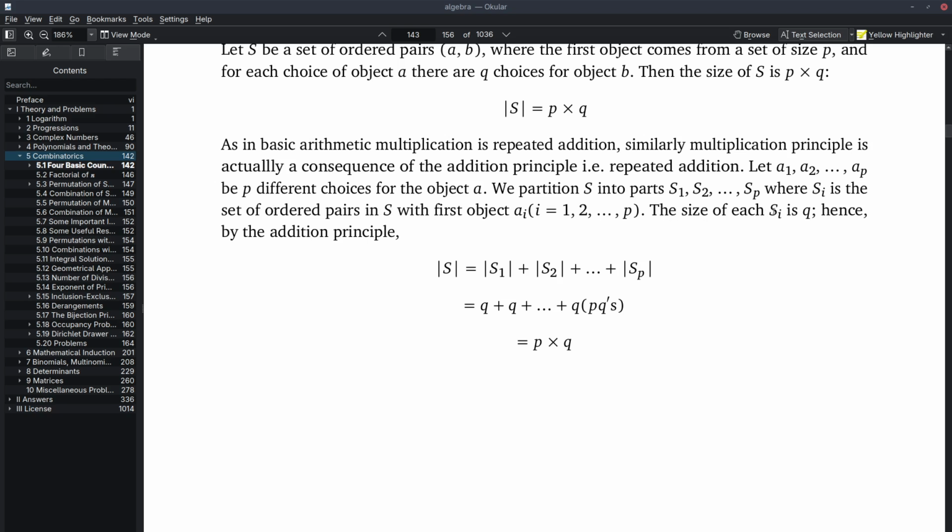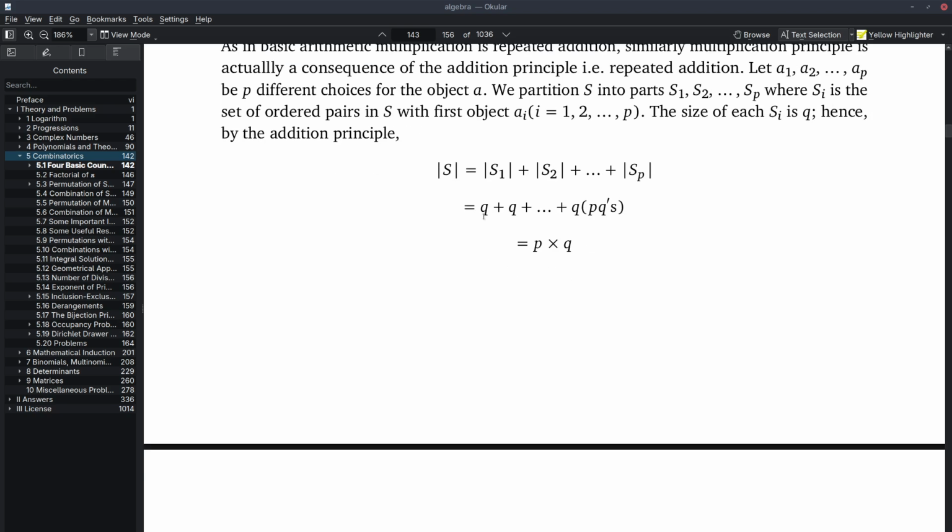The size of Si is Q, hence by the addition principle, size of S is equal to size of S1 plus size of S2 and so on through SP. So the sum of sizes of each part. So we add Q, P times, and then we have P times Q.